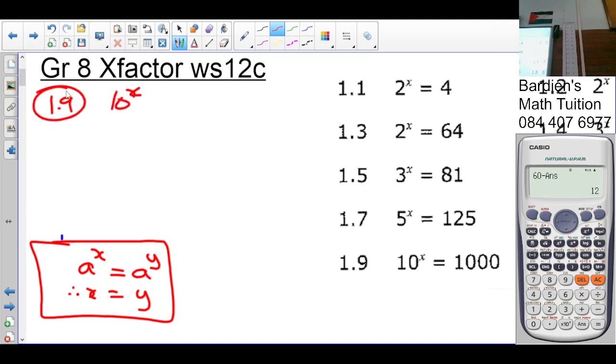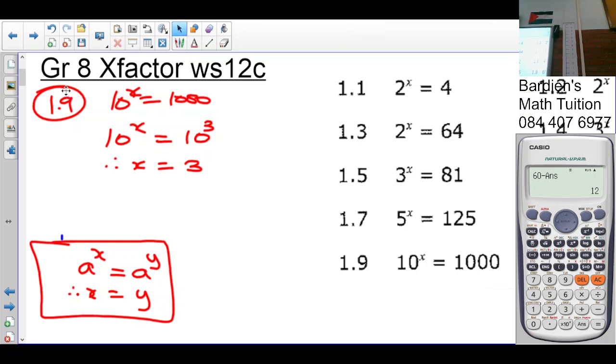So 10 to the x is equal to 1000. Is 10 a prime number? No. So we're going to try and write 1000 as a base of 10. I'm not going to use the ladder method. So you're going to get 10 to the x equal to 10 to some exponent. We say 10 to the 1 is 10, 10 to the 2 is 100, 10 to the 3 is 1000. So there we go. Therefore, x is equal to? You guys understand?